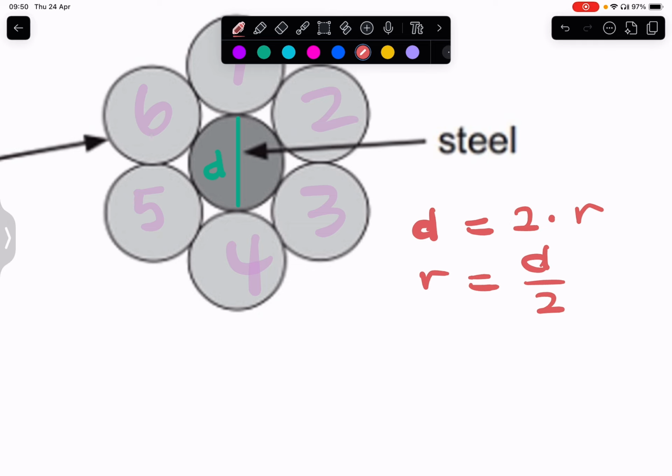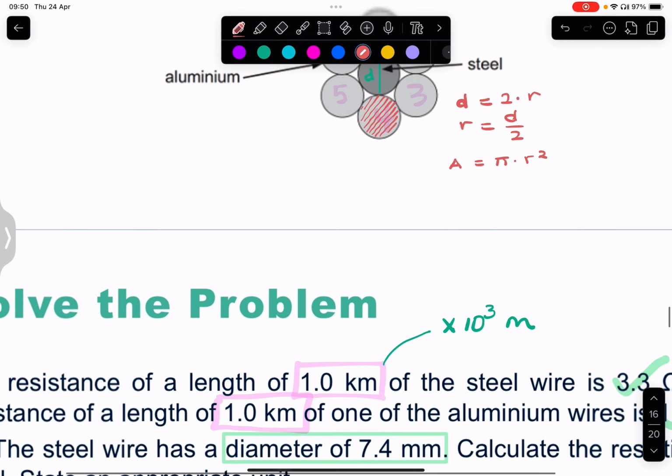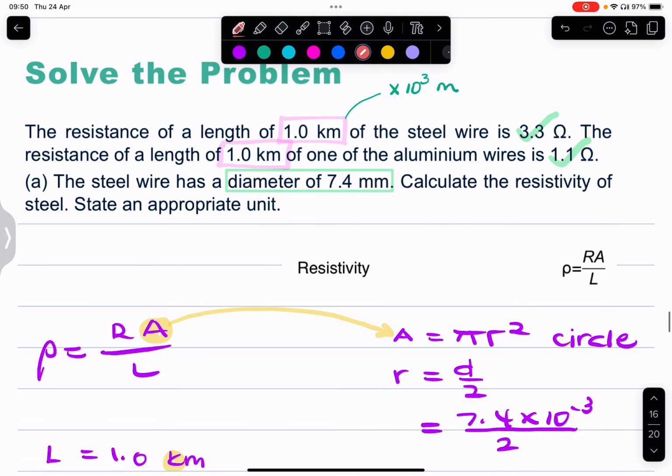And we're going to need the cross-sectional area of one of these cables. And because it's a circle, it's simply the area of a circle, which is pi times r squared. Okay, so if we get back to the question, it's asking for the resistivity, and it's the steel that they're asking for.